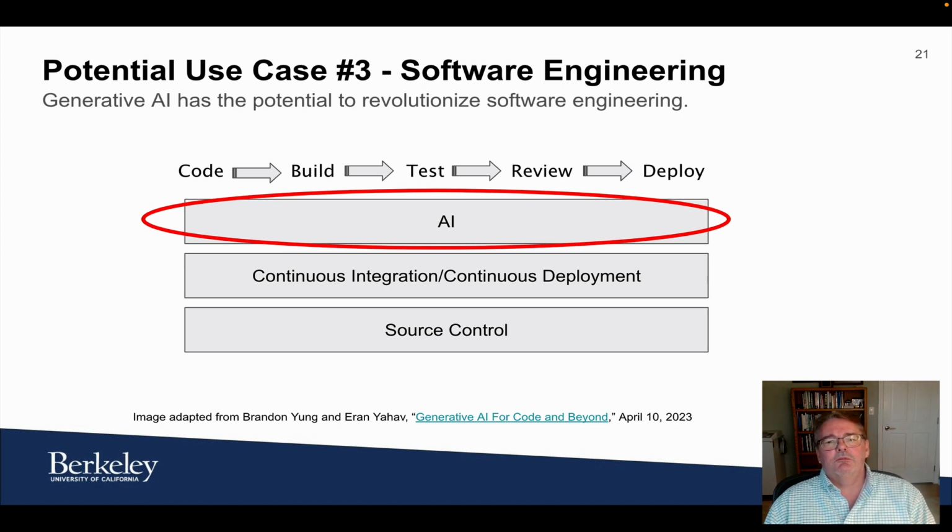This is about more than just coding, though. The AI layer will be another layer of the software development stack. Just like source control and the CI/CD pipeline, you'll add this layer and it will accelerate all stages in the software development lifecycle. The same technology can also be used for other tasks in software development, like test generation, code refactoring, and code review.